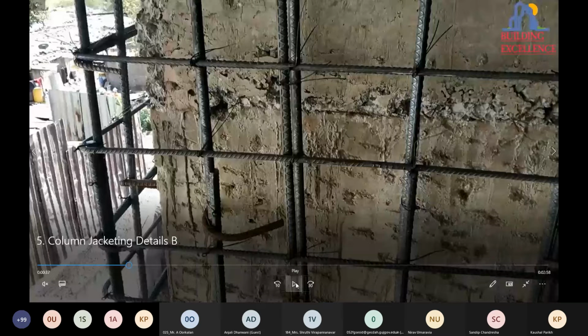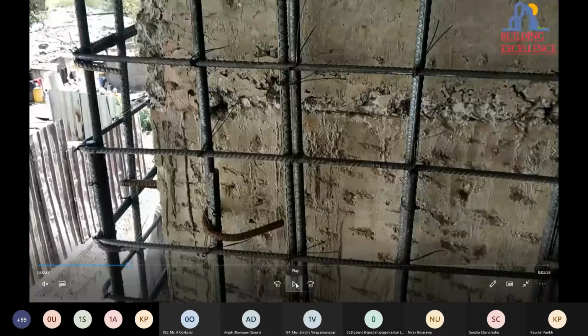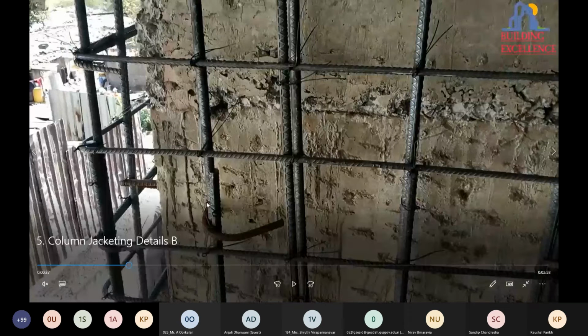Okay. So here it is shown that the function of the key is not only to hold the reinforcement together, but it also creates the bonding between the old concrete and the new concrete. So it is not only the function of that one.